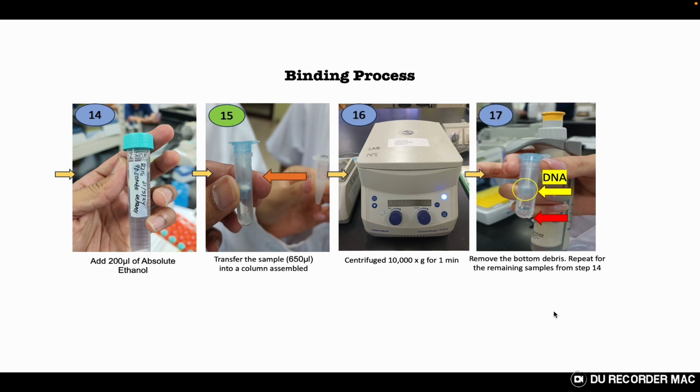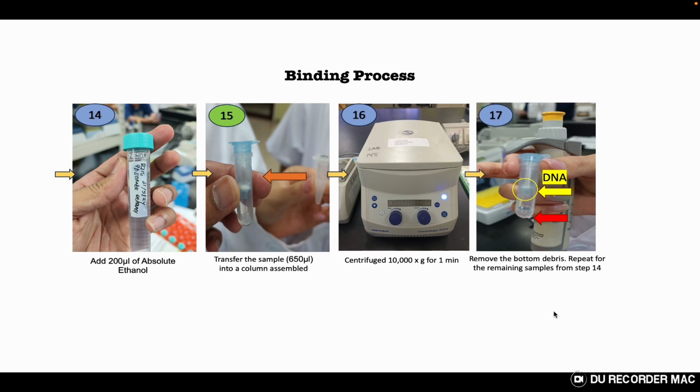Next is the binding process. For the binding process, we add 200 microliters of absolute ethanol. Absolute ethanol makes the DNA bigger. Then we transfer 650 microliters of the sample into the column assembly, which has a filter at the center of the tube.